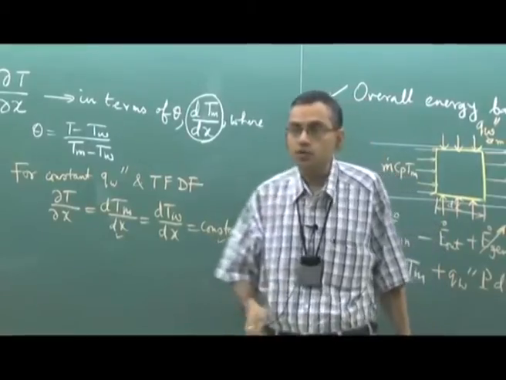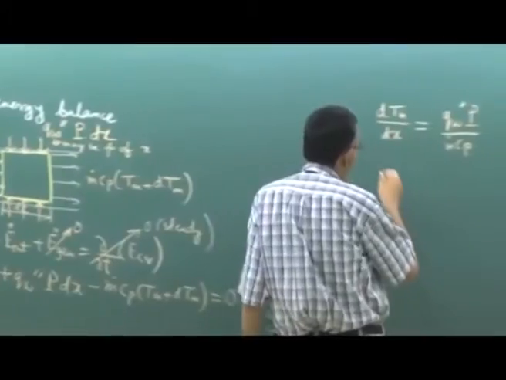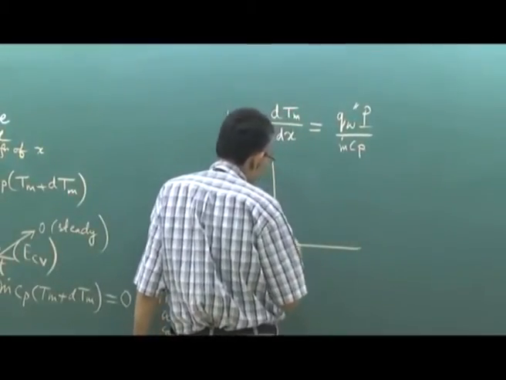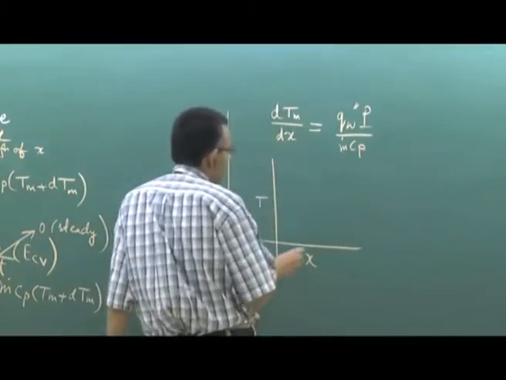Okay. So we can make a graph of say T versus x for constant wall heat flux.